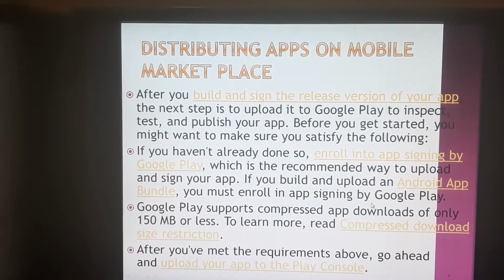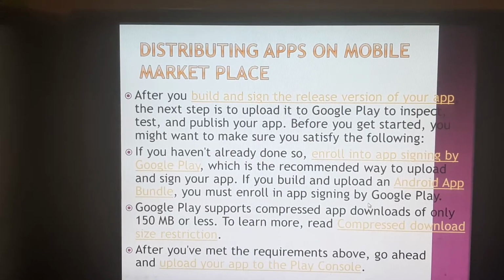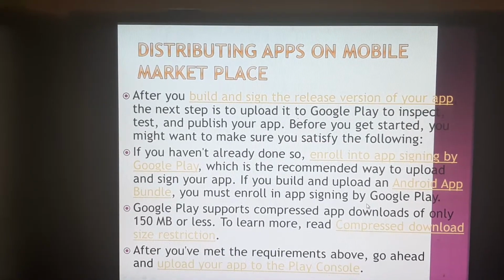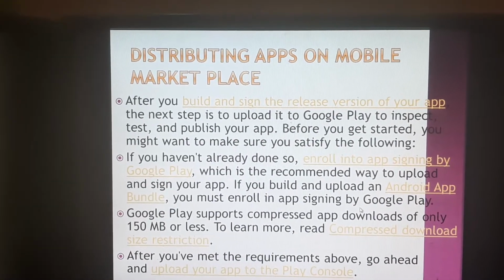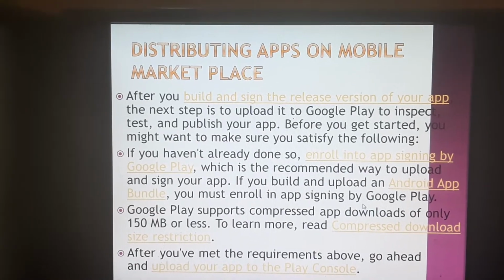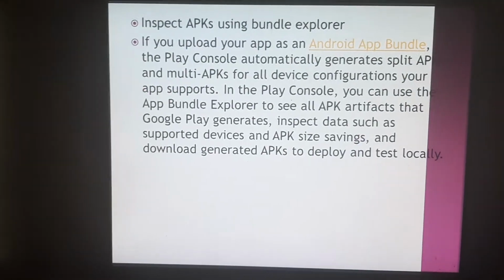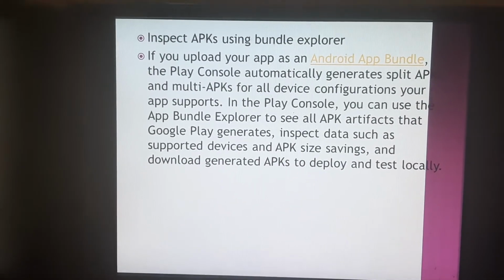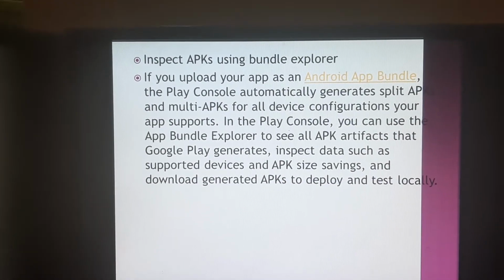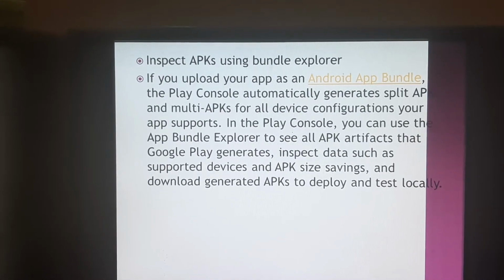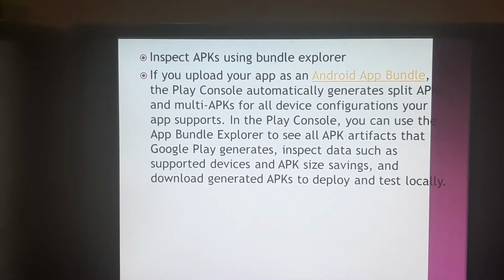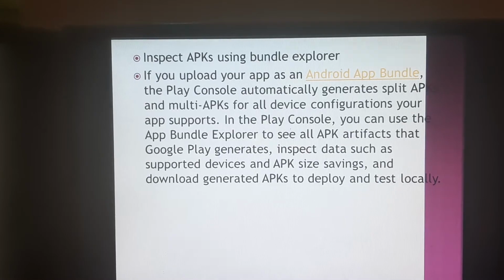And in order to make this clearer, we use the internal test track to test dynamic delivery. The internal test track is the easiest and fastest way to test your app after you upload an app bundle, by using the Play console internal test track.